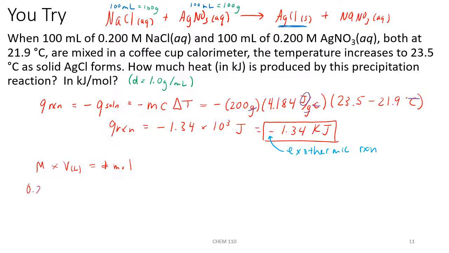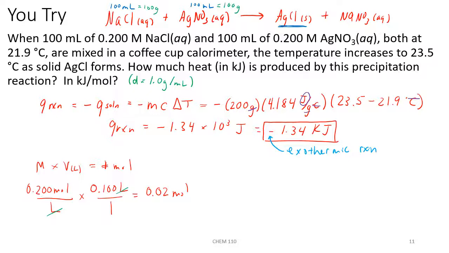So our molarity is 0.200 moles per liter times our volume, which is in liters, 0.100 liters. Our units of liters cancel, and our number of moles is 0.02 moles.